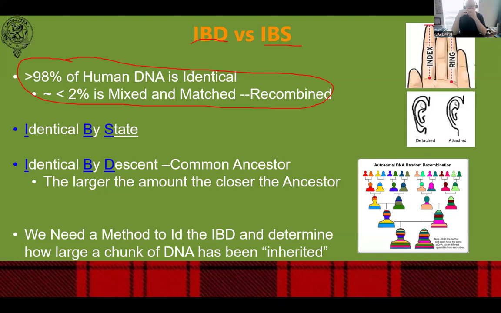Okay. And that less than 2% is what we call identical by descent. We get it from a common ancestor. Well, we get all of our DNA from a common ancestor.